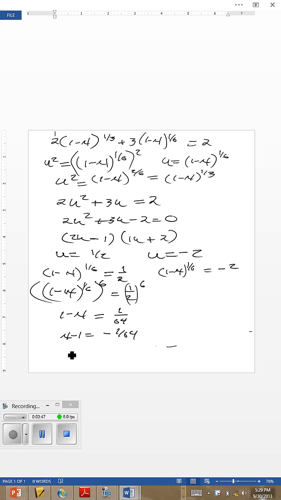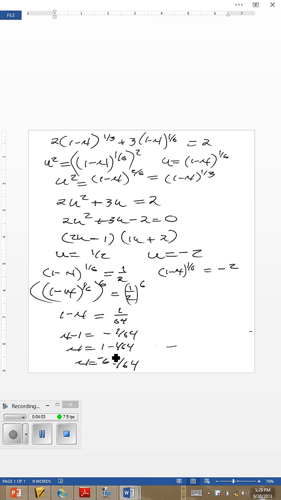So then x equals 1 − 1/64, which means that x needs to be 63/64.